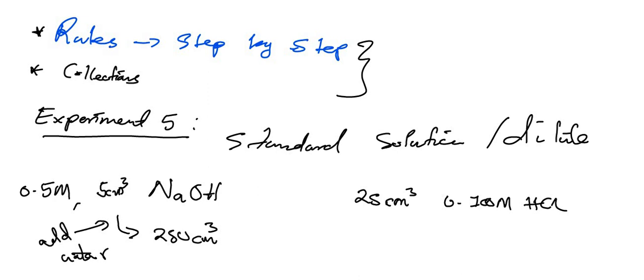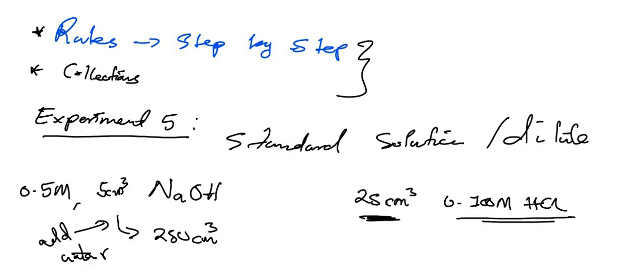So in this particular case, we know the HCl that we are using. What we were trying to find out is how much volume of sodium hydroxide is going to be needed to neutralize this particular acid, 25 in particular.